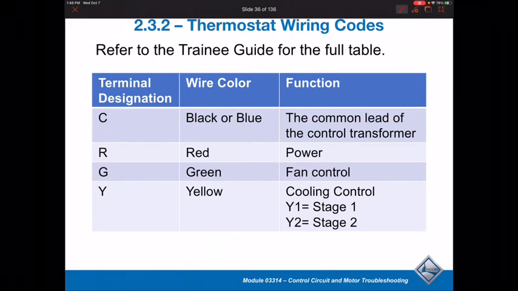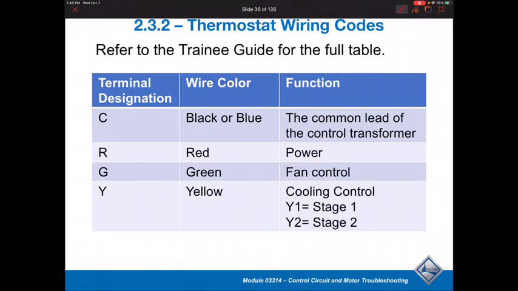On the left side of this chart, on page 23 of your textbook, they give you a chart that talks about some of the wiring terminals and gives you some suggested colors. Common: sometimes people use black, sometimes blue, sometimes brown.